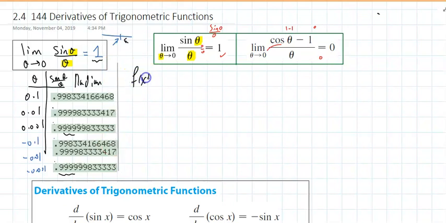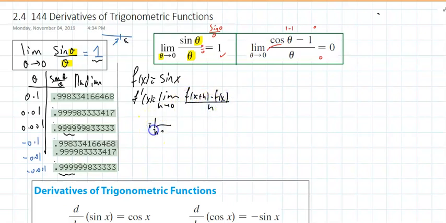So now, if I want to derive the derivative, given f of x equal the sine of x, if I would like to find the derivative of this, f prime of x would be the limit as h approaches 0 of f of x plus h minus f of x all over h.